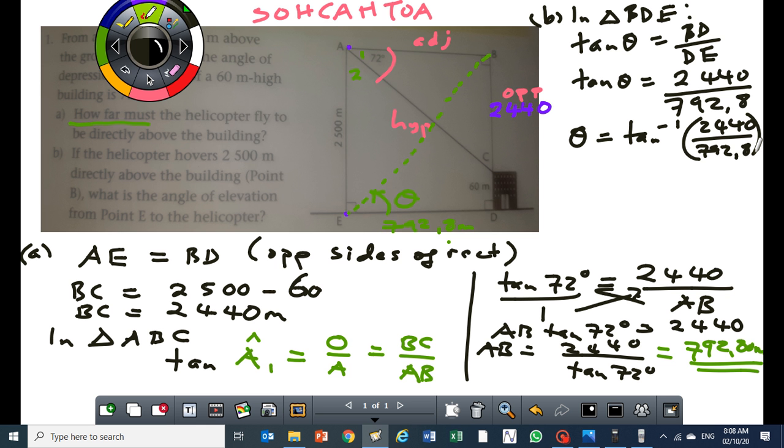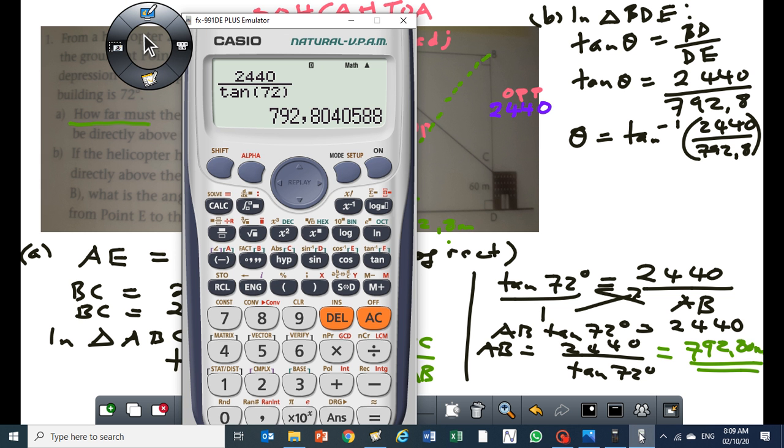Okay, then take out the calculator. Remember here it will be shift tan of 2,440 divided by 792.8.